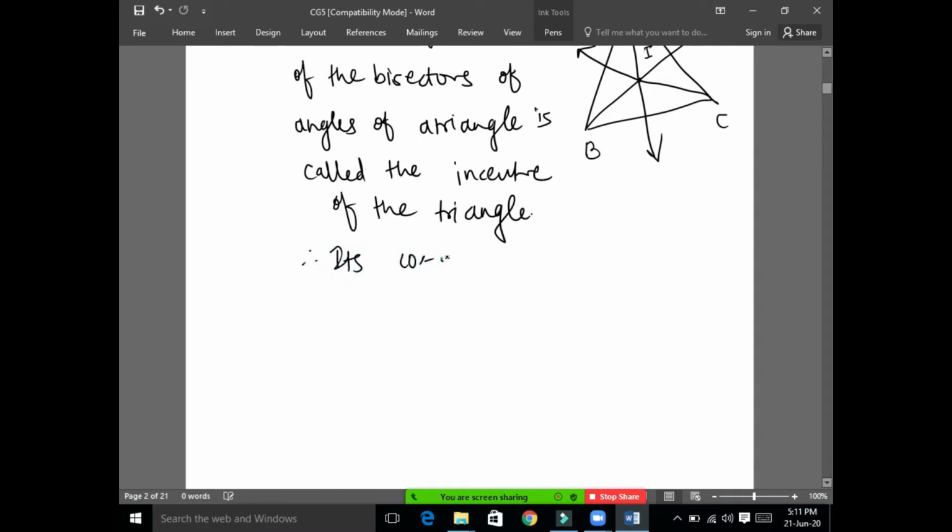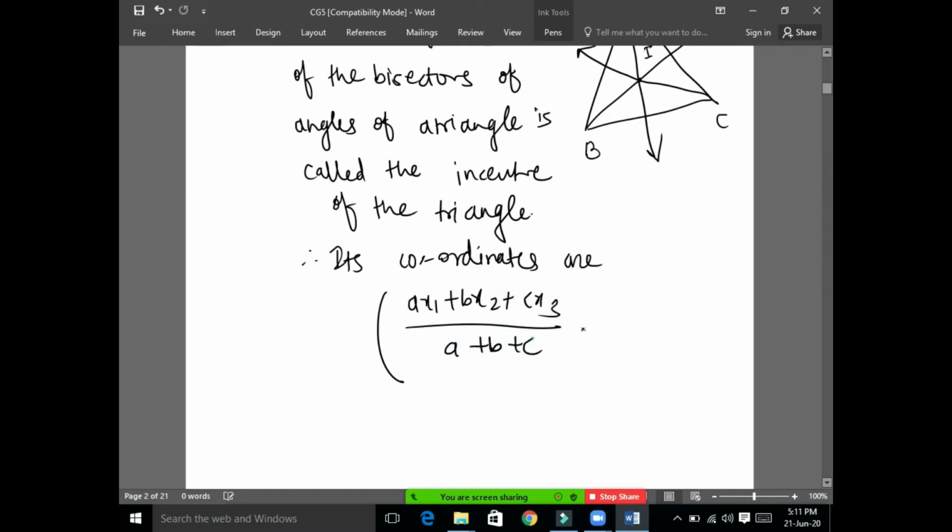Therefore its coordinates are given by the formula (a x1 plus b x2 plus c x3) upon (a plus b plus c), comma, (a y1 plus b y2 plus c y3) upon (a plus b plus c).